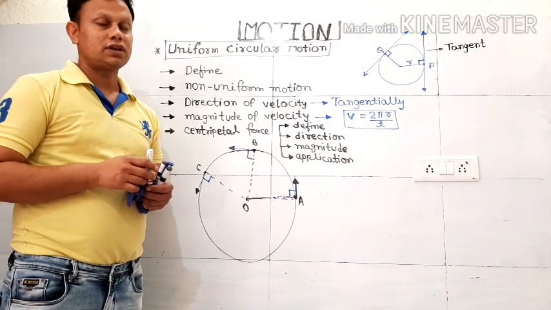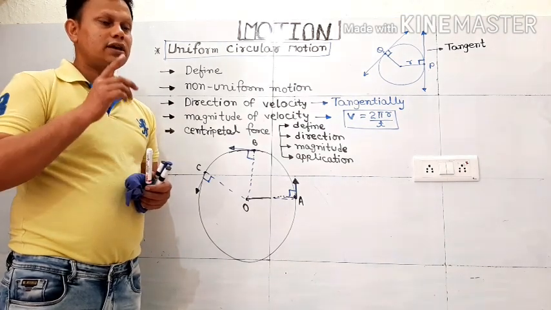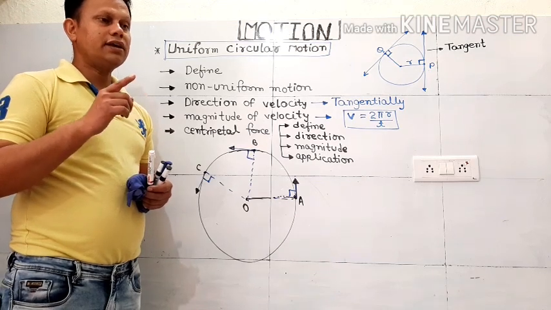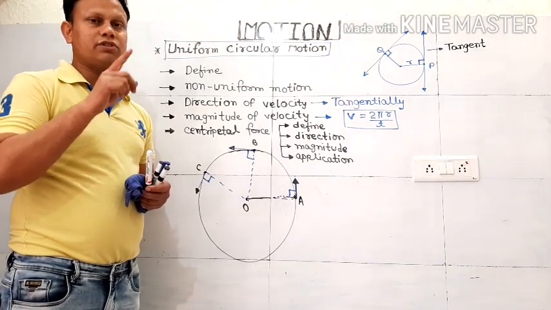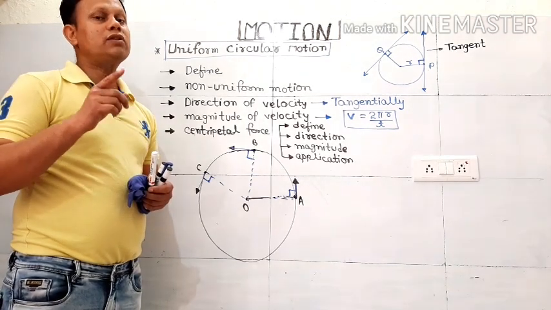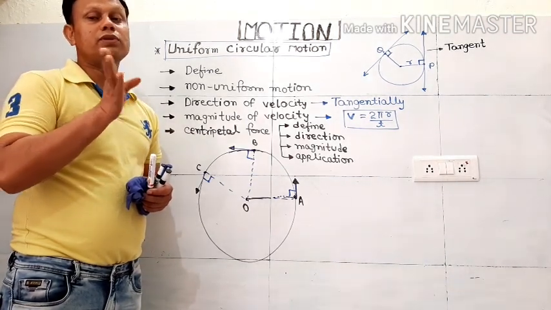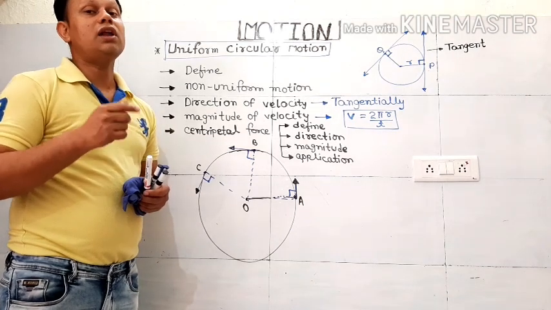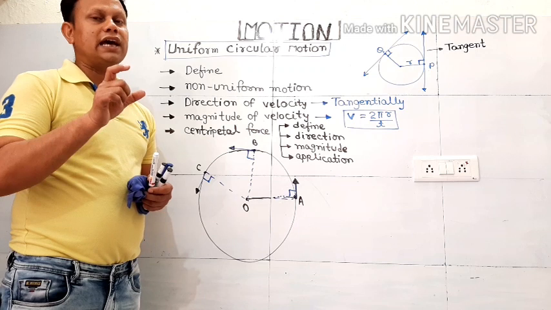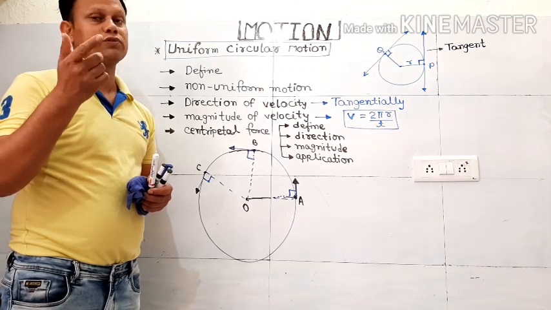Tangentially. And if you can recall, on any turn, if the force is not there, the body will not take the turn. Then what will happen? The body will move with constant speed and in the same direction because the force is not there.